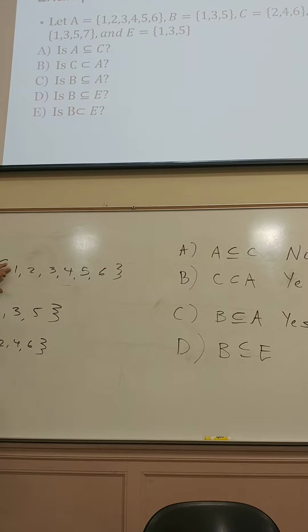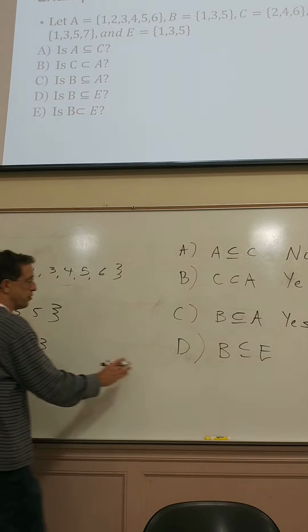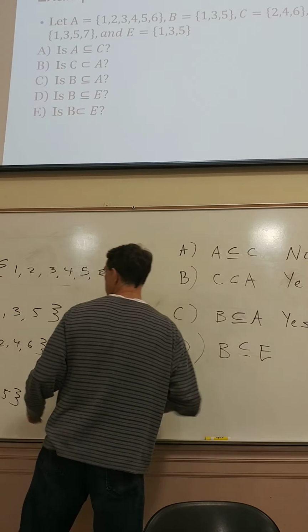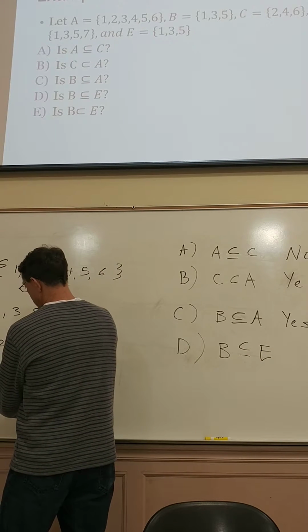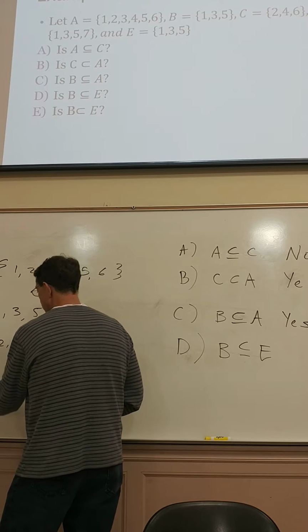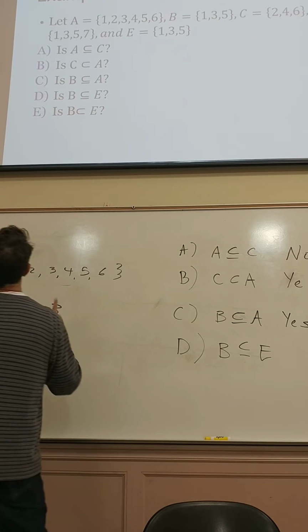Well, if we trace 1, 3, well, wait a minute, I got to write down. I was thinking it was A, my mistake. Let's write down E, which is 1, 3, 5. And if you notice, those two sets are actually equal. But with the regular subset definition, that works, because that's all you need is containment. And 1's in there, 3's in there, 5's in there.